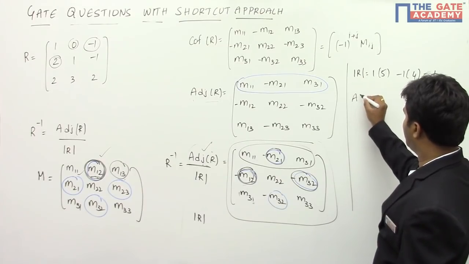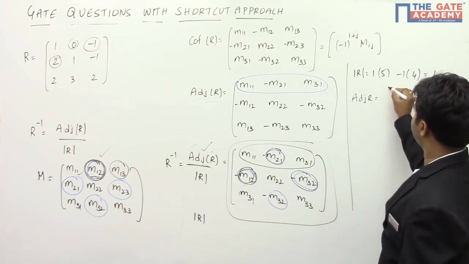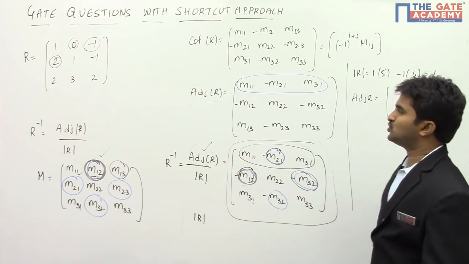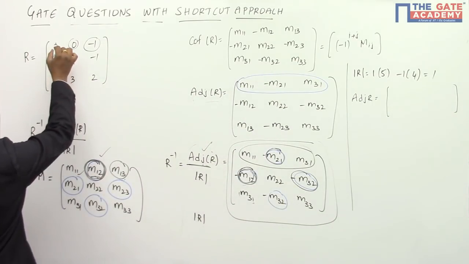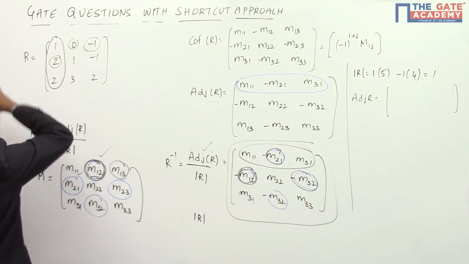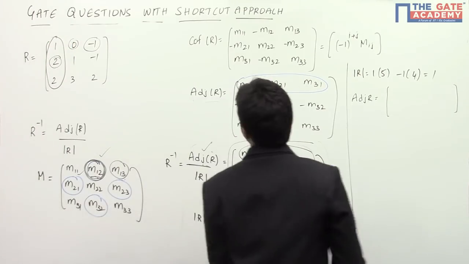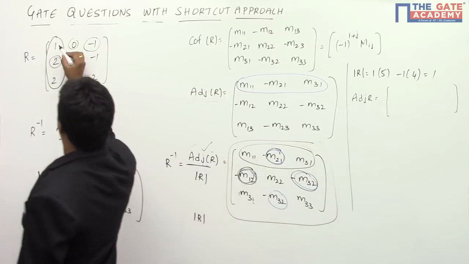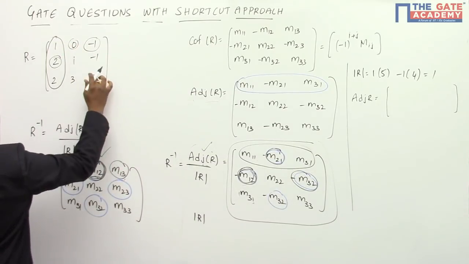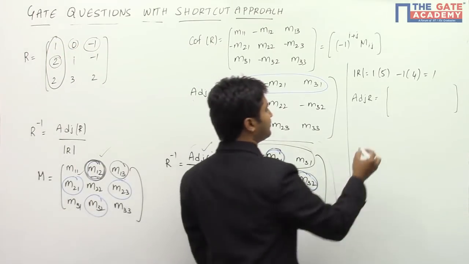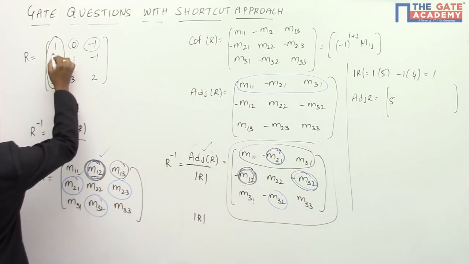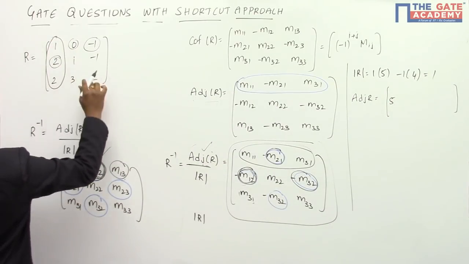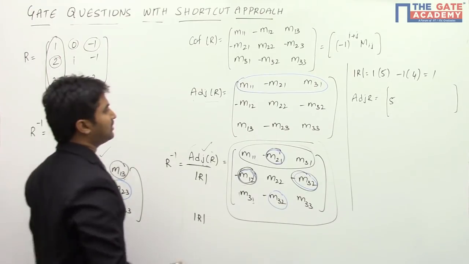Adjoint of R. So I just want the top row. So what I will do is that I will find the minors of these elements. So what are the minors of these elements? 1 is going to have the minor as 2 plus 3, which is 5. And 2 is going to have the minor as 0, 3.